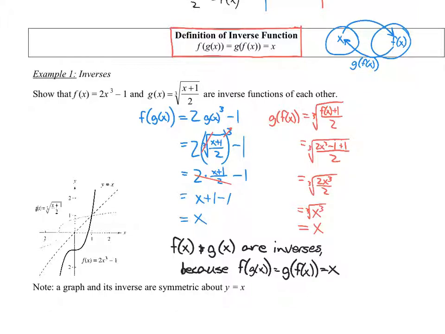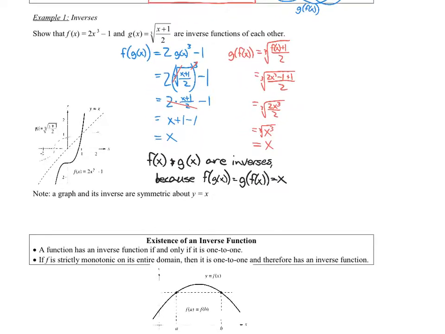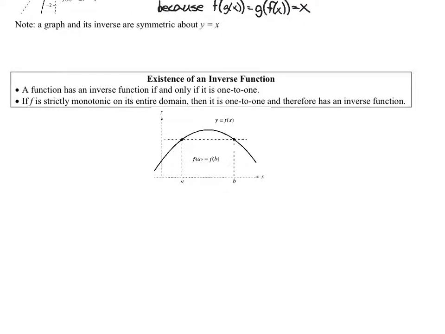And that actually brings us to this idea here. Does an inverse function exist? Well, a function has an inverse function if and only if it is 1 to 1. Okay? So way back when you learned about functions and inverses, we had this term 1 to 1.